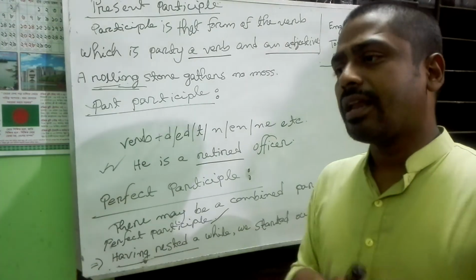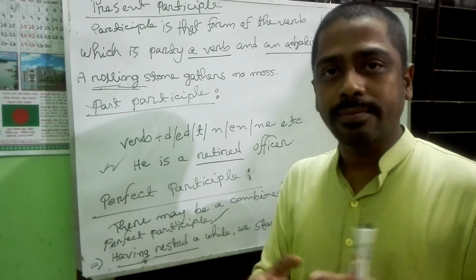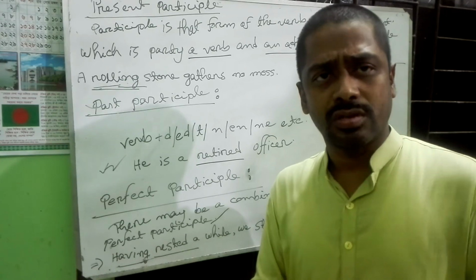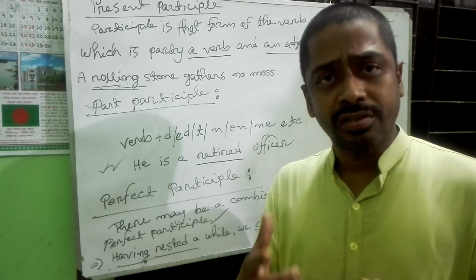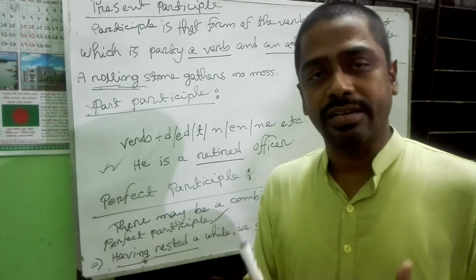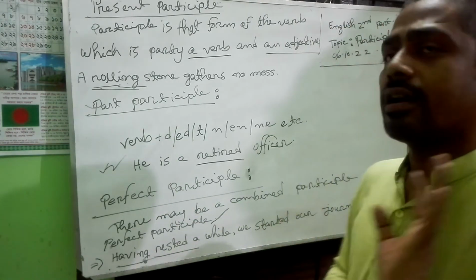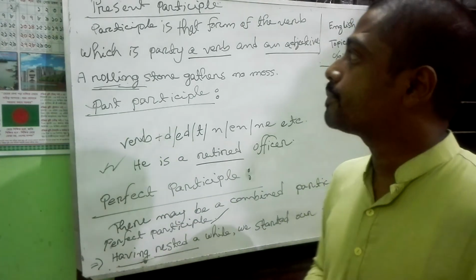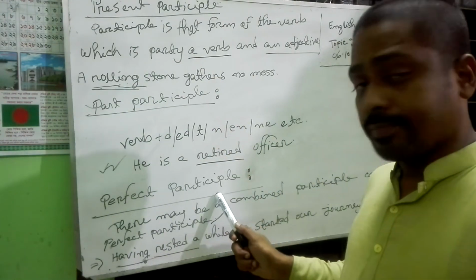There are many things about participle in books. You just have to find them out and study with concentration, then you can understand it clearly. So let me repeat it. There are three kinds of participle: present participle, past participle, and perfect participle.